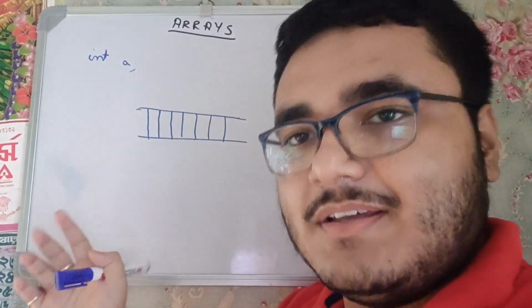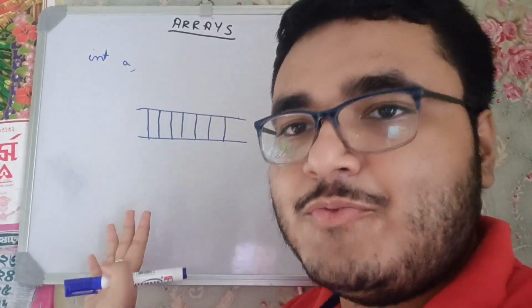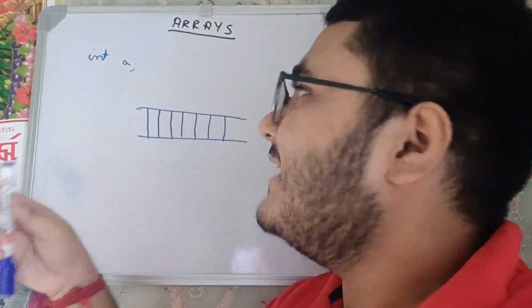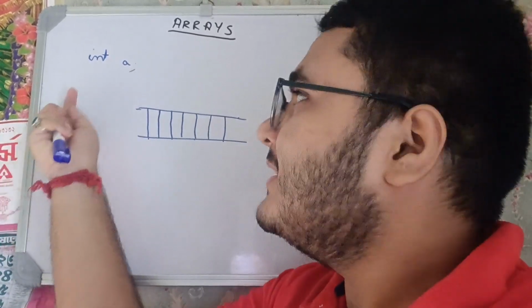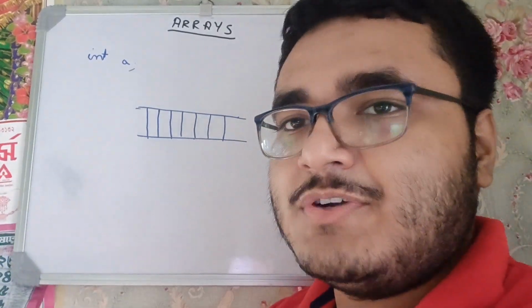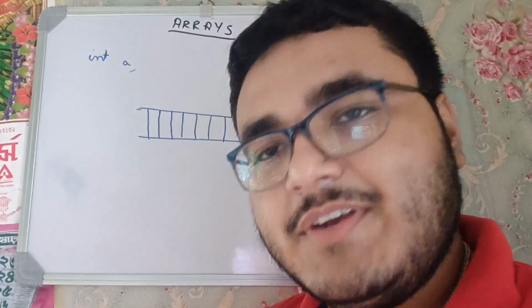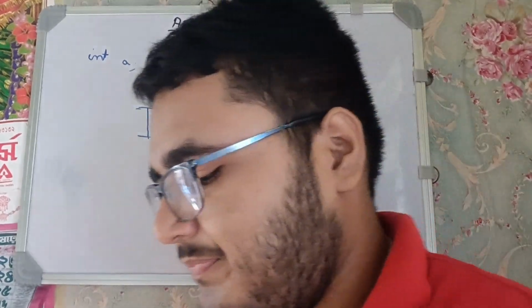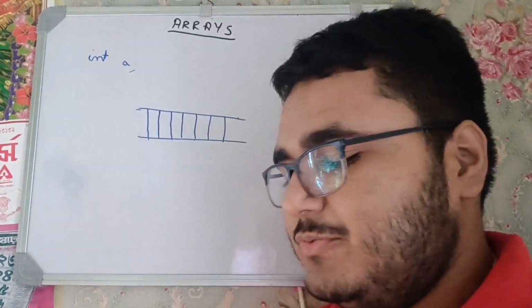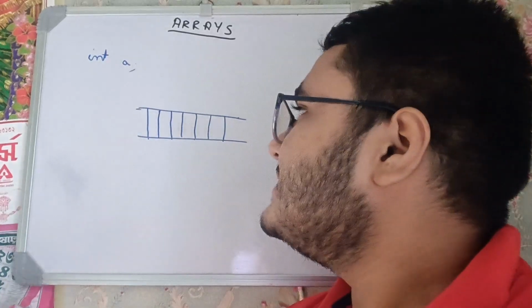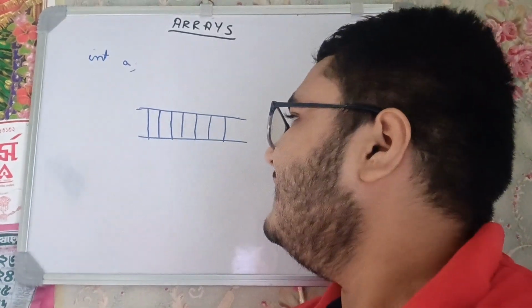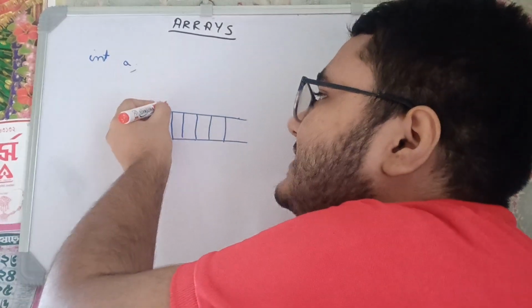But in C I am considering a 64-bit compiler. As Java is architecture neutral, int will be 4 bytes everywhere. So a will be taking some 4 bytes in the memory.